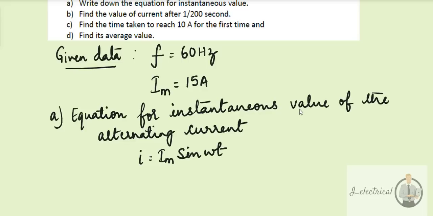From the given data I know the maximum value, but I need to calculate the omega value. We know that omega is equal to 2 pi f, so 2 into pi into the frequency 60, I'll get 120 pi.